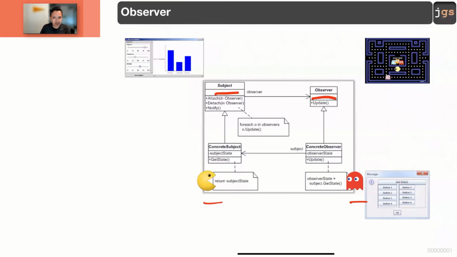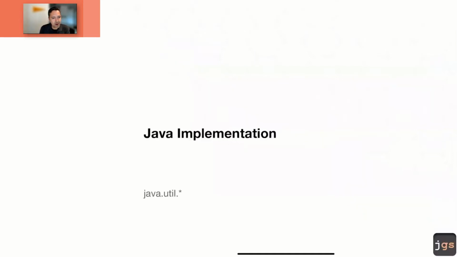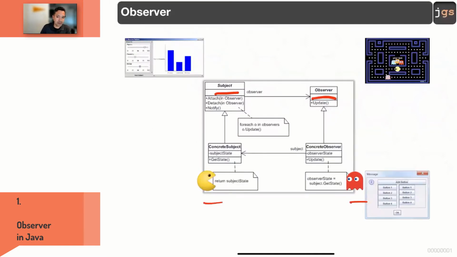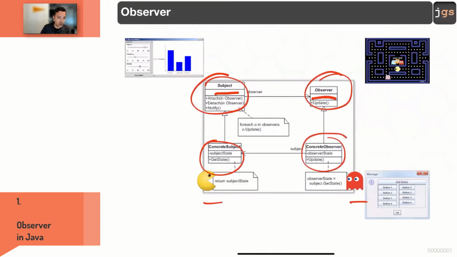Anyway, moving forward: the implementation of the observer using the Java API. What happens here? Basically, instead of implementing four classes, you can use the Java API, where these are already there.